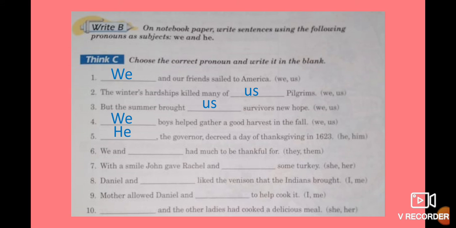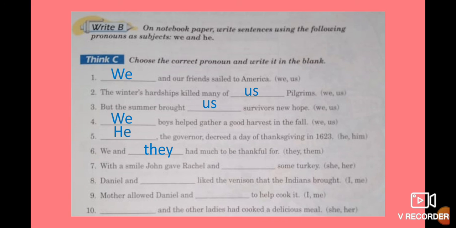Number 5, also we have a next subjective pronoun that in this case is he. He, the governor, decreed a day of Thanksgiving in 1623. Number 6, we and, in that case, they, okay, because this is a subjective pronoun because it's part of the subject of a sentence, had much to be thankful for.